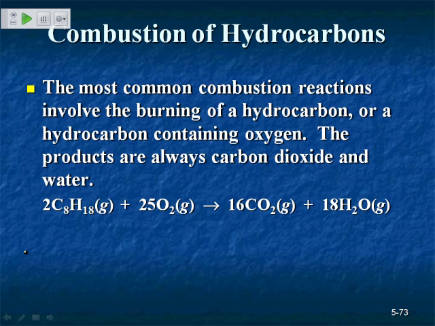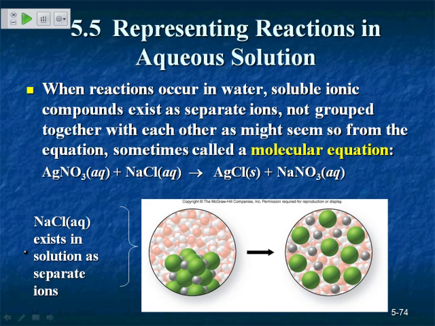But if it says it is a combustion reaction, then you should remember, okay, then oxygen, O2, is going to be my reactant, and my products are carbon dioxide and water. Then you can write that down and balance the equation. Okay, keep that in mind in combustion reactions. Okay, now we are on to the last part of this chapter, representing reactions in aqueous solutions.